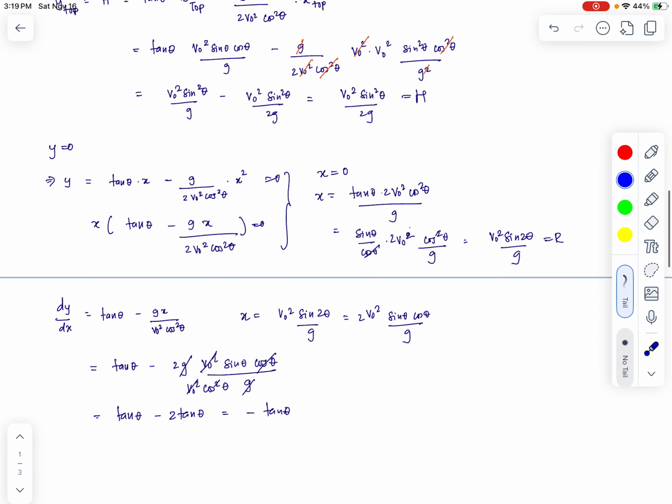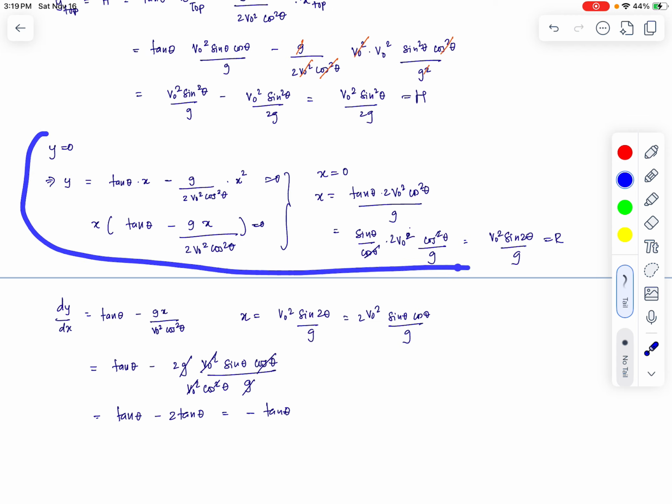Also, we found the range by setting y equals 0. This happens when x is 0 and when x equals the range, so this is another way to get the value of range.